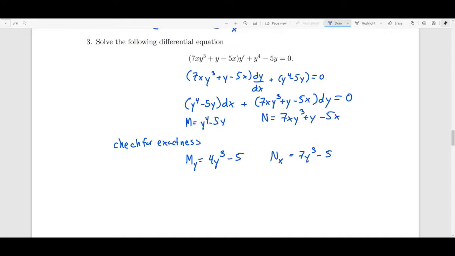So if we guess that our integrating factor is just a function of y, what has to be true according to the flow chart? As in, like what this is supposed to equal? No, not what it's supposed to equal, but when we look for an integrating factor, in general, it's not easy to find one, right?